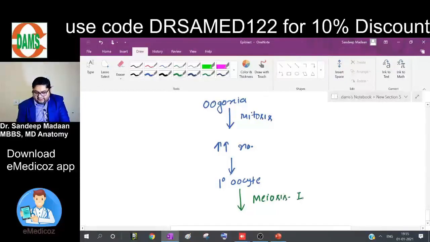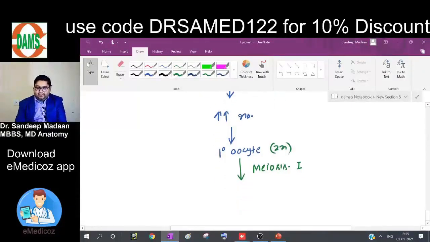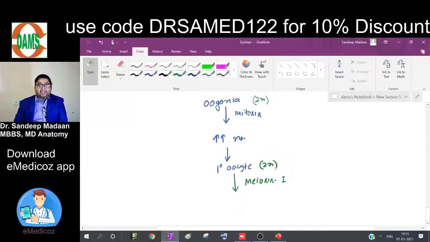And as we have seen previously, oogonia are diploid. Primary oocyte is also diploid. Meiosis 1, which is reduction division, should yield what? It should give us the secondary oocyte, which should be haploid in number, isn't it? But what happens really?